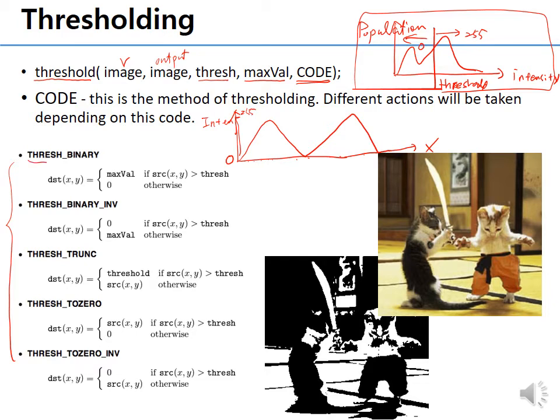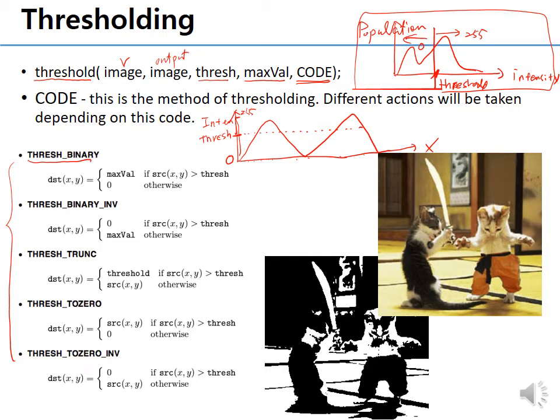So the threshold binary means if we set the threshold value, the pixels that have a value above the threshold become the maximum value.